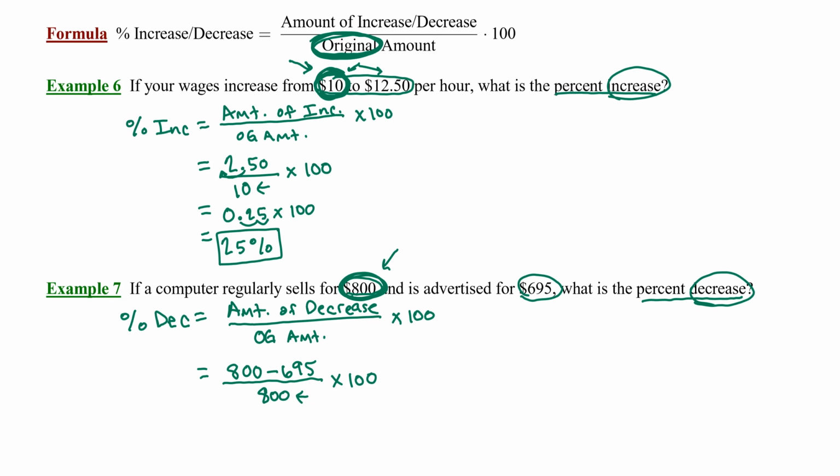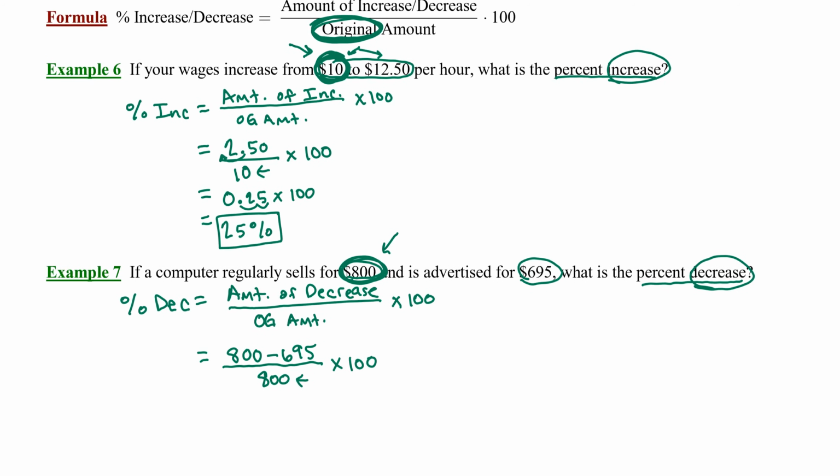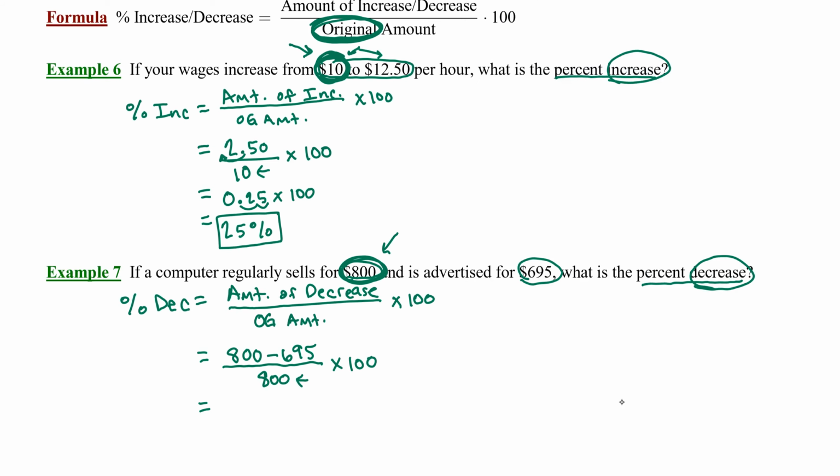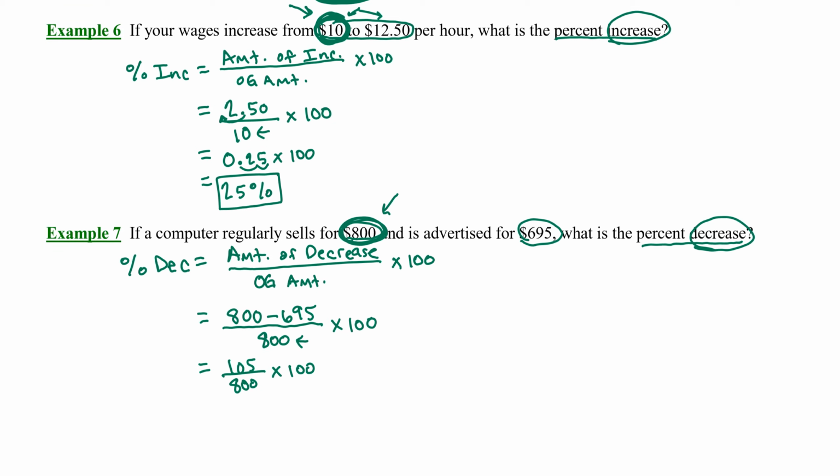So let's evaluate this with our calculator. First of all, we're going to find the difference. 800 minus 695. That gives us an amount of decrease of $105. We're going to divide that by 800 and then multiply by 100 to convert it back to a percent.